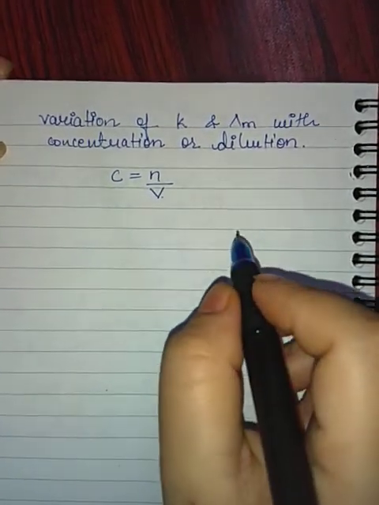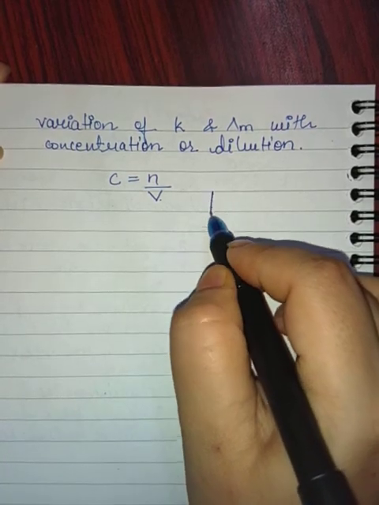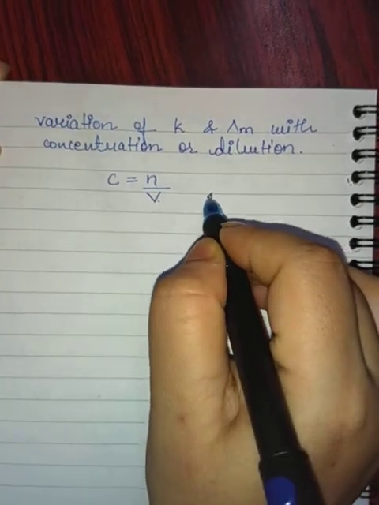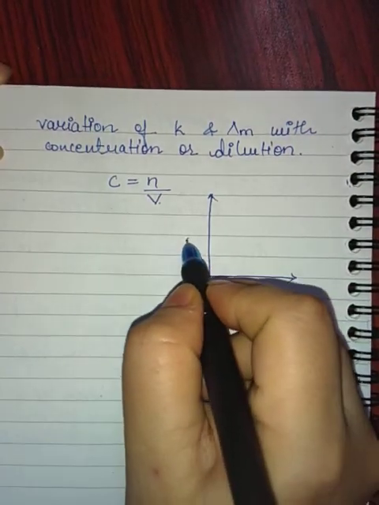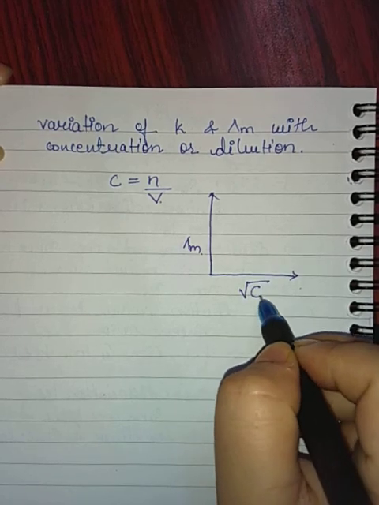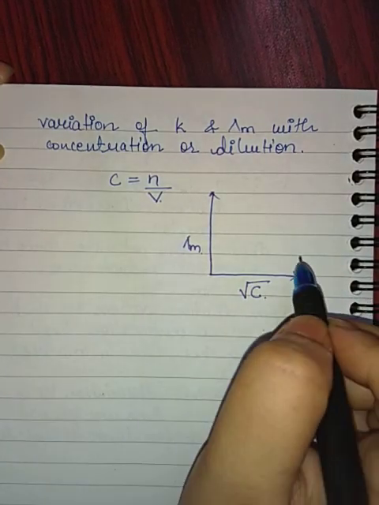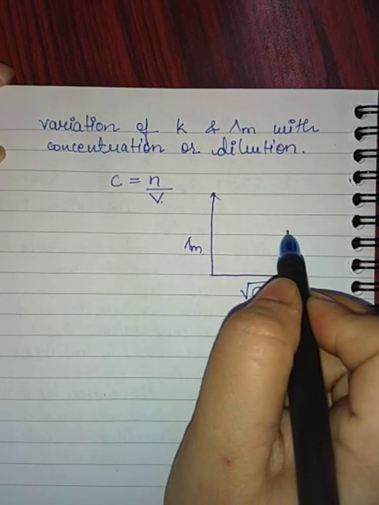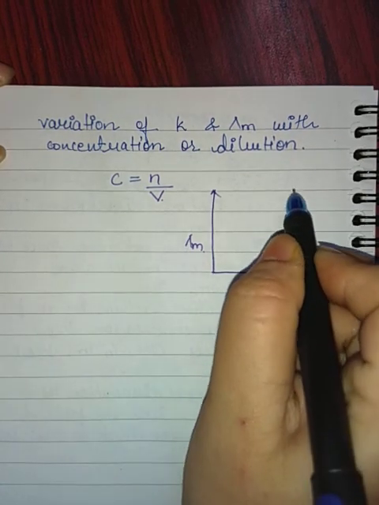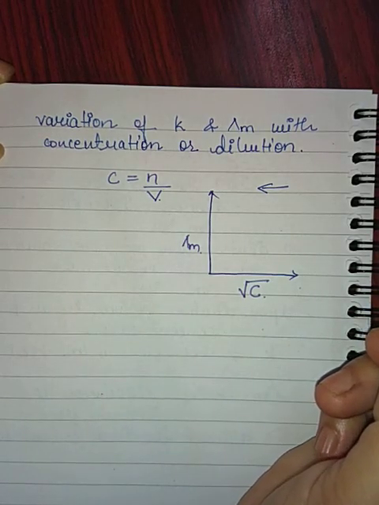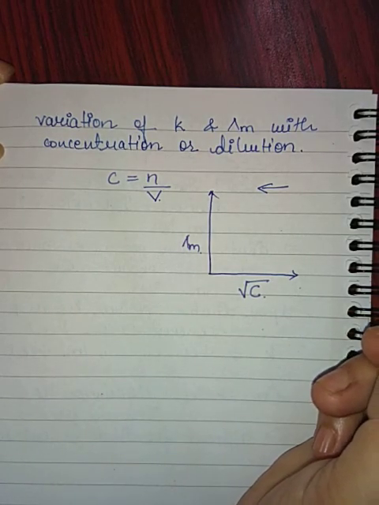Now, if we see this graph, we discussed this graph in the classroom. If we see this graph of molar conductivity with square root of concentration, then for strong electrolytes, when you decrease the concentration in this direction, concentration is decreasing. That is, when you dilute, concentration decreases.